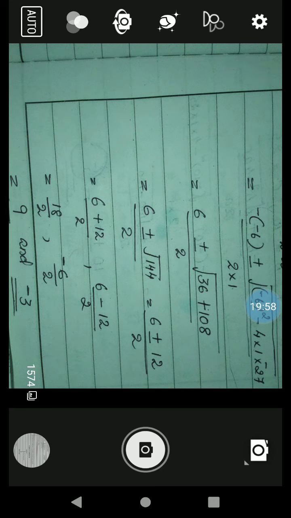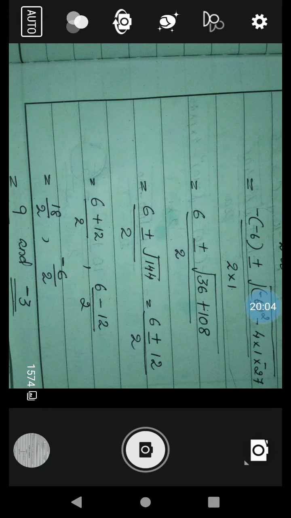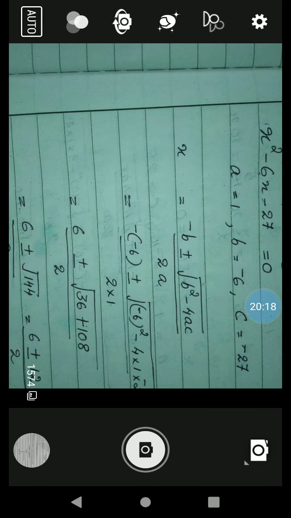So in this class we learned to solve a quadratic equation using that formula. You have to remember that formula. X is equal to minus b plus or minus root of b square minus 4ac divided by 2a. And we have learned to examine the nature of roots.